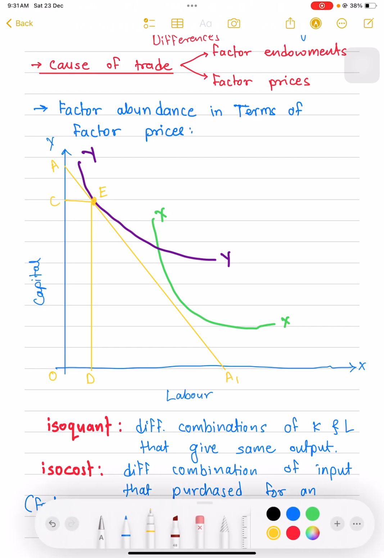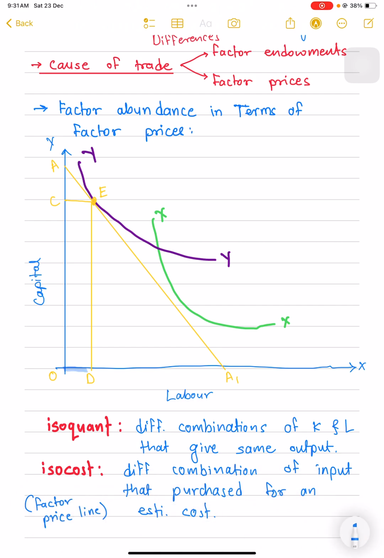Always remember from this, OD amount of labor and OC amount of capital.